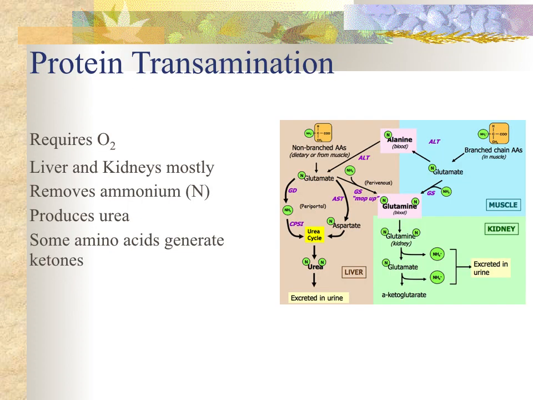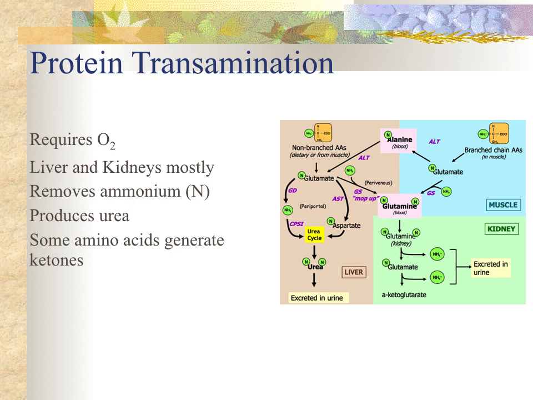And the reason for that is proteins require oxygen to be used, and their different amino acids are broken down different ways, but they all wind up being converted to Krebs cycle intermediates. But before you can do that, you have to strip away urea, the nitrogen group.